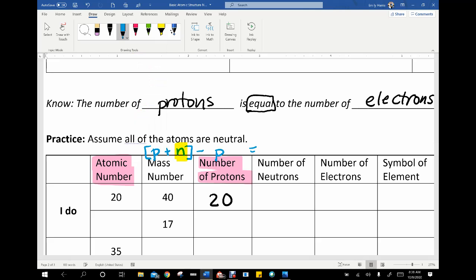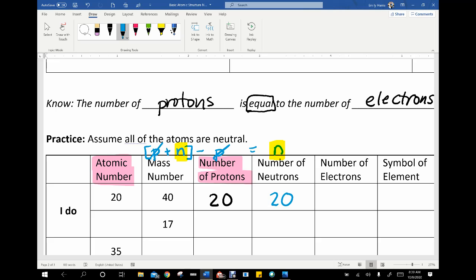So if we do protons plus neutrons minus the protons, that will tell us just the number of neutrons left over. That would cancel out our protons. So here in this case, 40 is the sum of the protons and neutrons. So if we subtract 20 protons, that tells us that the atom has 20 neutrons.